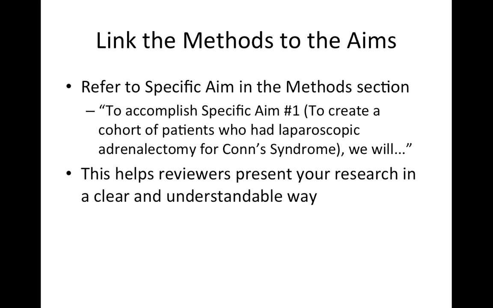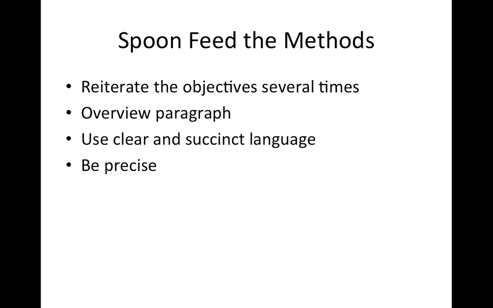And as you draft the methods, you're thinking that you're spoon-feeding material to the reviewers because it's very difficult to review a grant. Reviewers typically have to read lots of grants. They have lots of constraints on their time and multiple competing demands. So you really have to help a reviewer read your grant so you can help them be your best advocate when they represent your grant to a peer review committee.